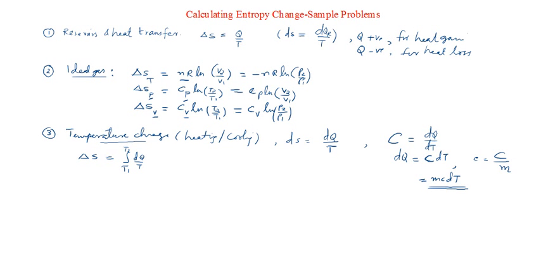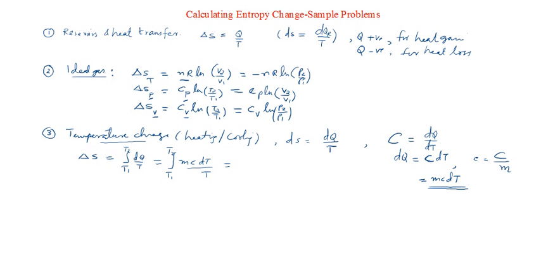So I can just substitute dq as mc dT. So this equation becomes the integral from T1 to T2 of mc dT upon T. Now if you consider that the heat capacity is constant, neglecting its variation for the range of temperatures T1 to T2, then m and c both go outside.